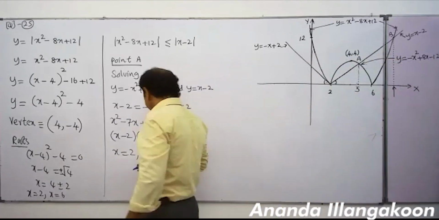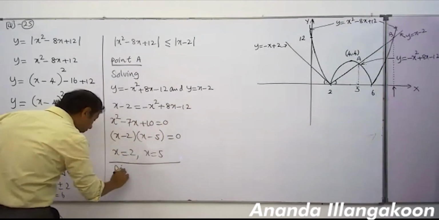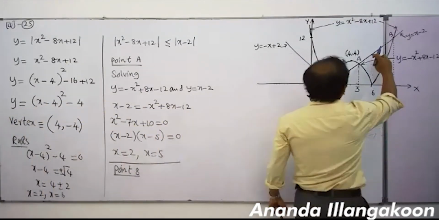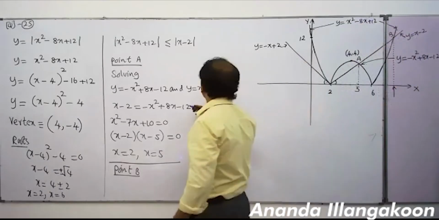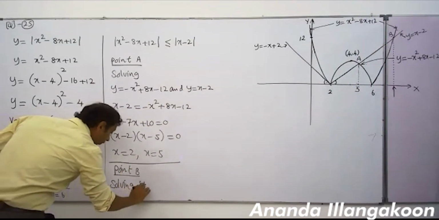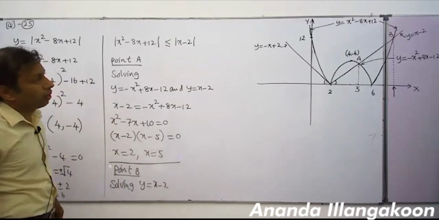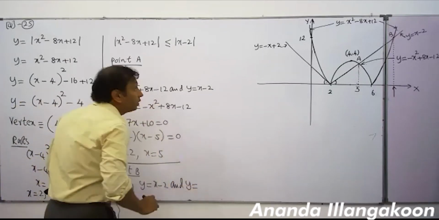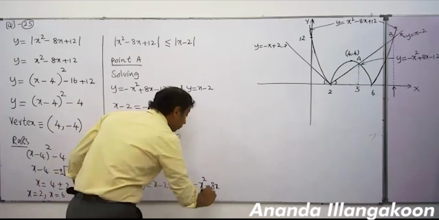Next one, point B. Point B, people, comes with the intersection of this line and this curve. Therefore, this one and this one we have to solve. Solving y equals x minus 2 and y equals x squared minus 8x plus 12.